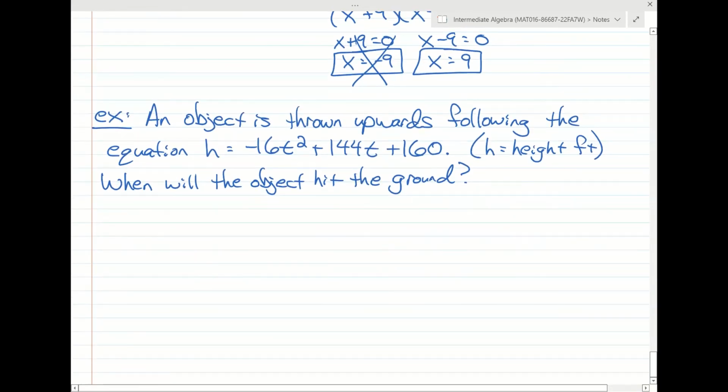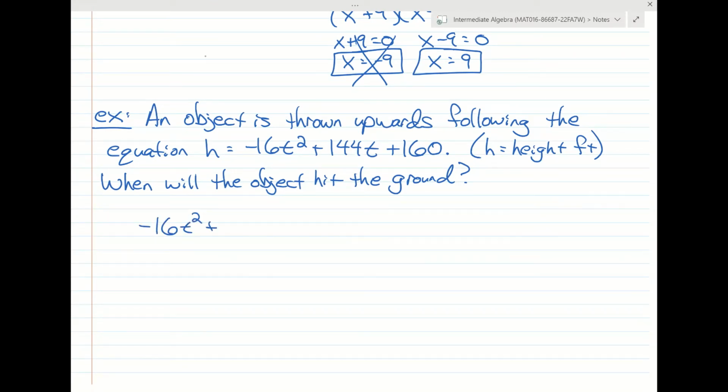So it'll hit the ground when the height is equal to what? 0, right? So let's set our equation equal to 0.